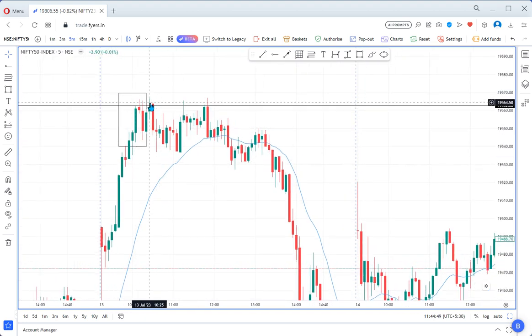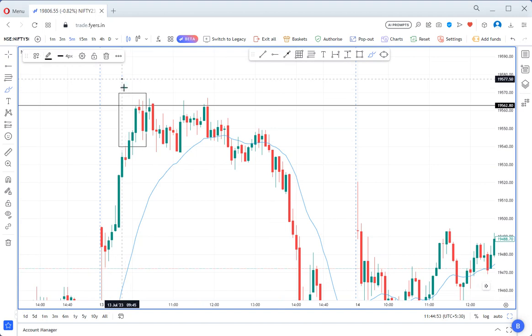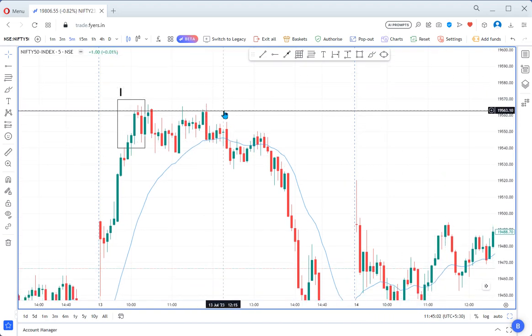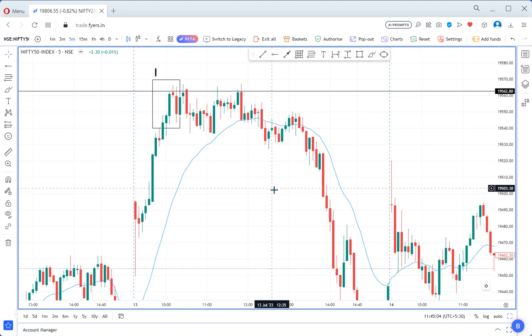Make sure you take a snapshot of that, because I have taken the tick mark here. In the same day, let's find the same structure, similar to that. If you see, this is the bull bar.